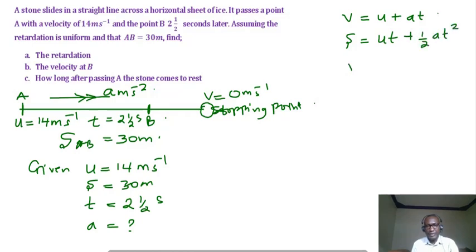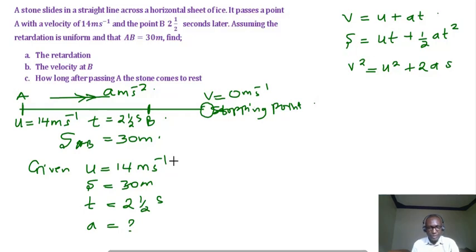Also we had this third one, v squared being equal to u squared plus 2as. Now we have to choose the suitable one which has this information here, and we use it to get the retardation. Retardation is a negative acceleration, or retardation is the same as a deceleration.